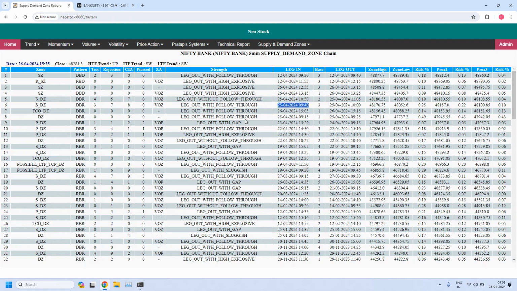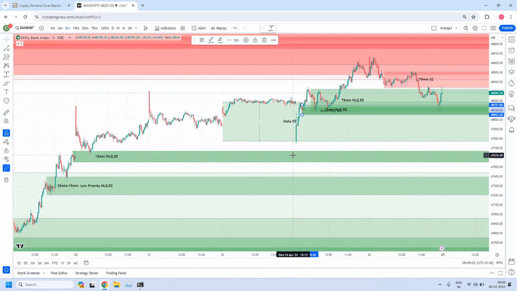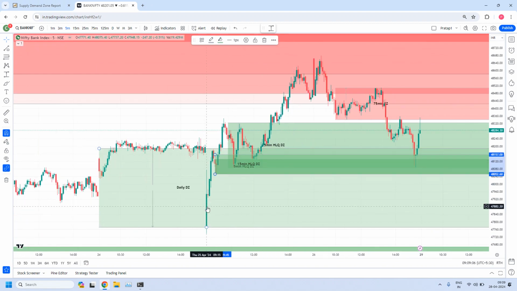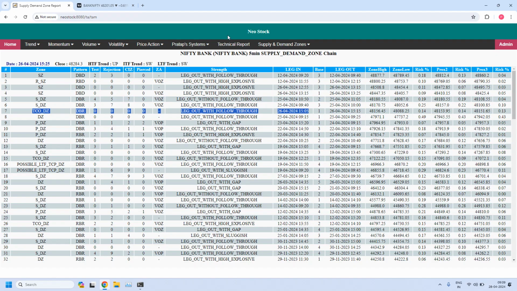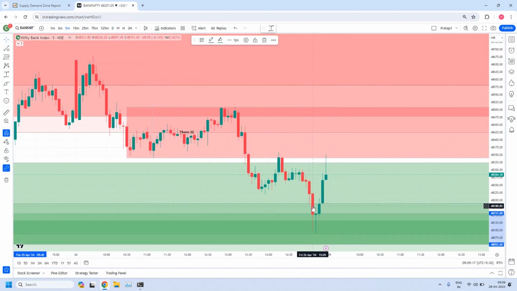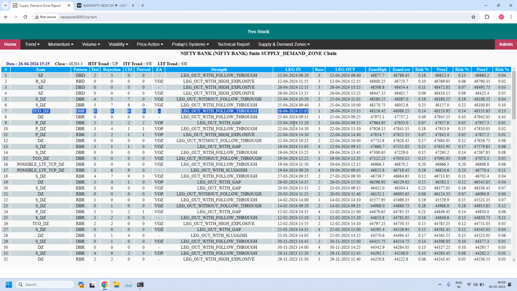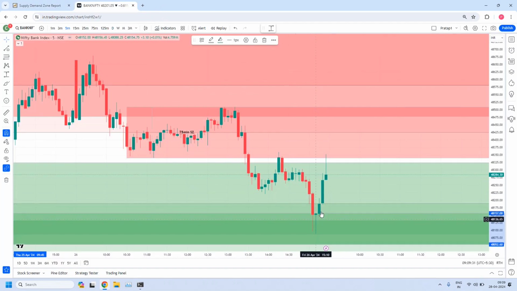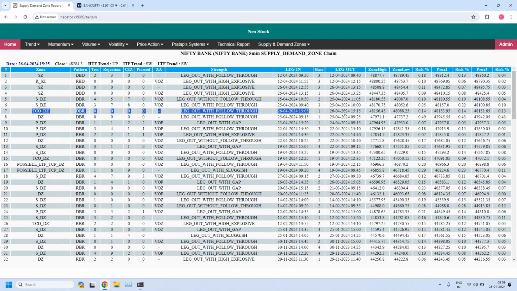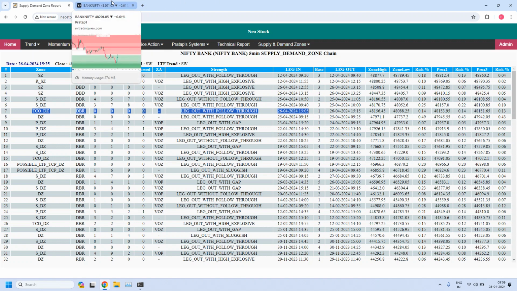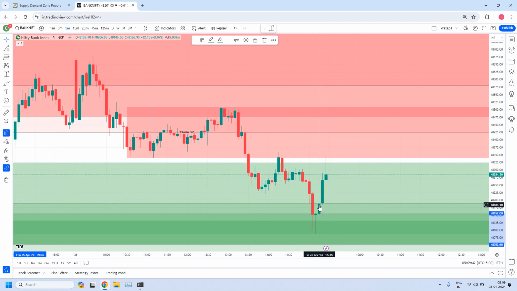And now below this, are there any high liquidity zones? Here we have a low priority high liquidity zone, 26.4 to 15.5, one base candle and a rally with follow-through candles. Then 15.15.